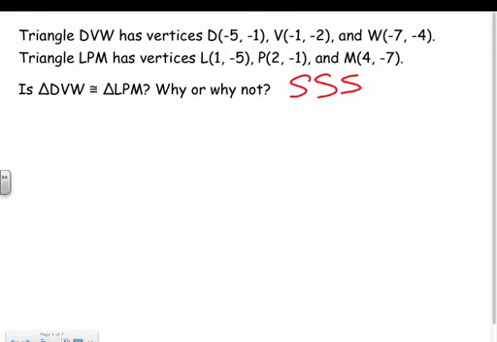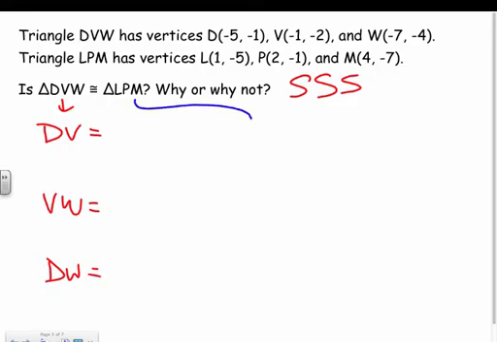Looking at my first triangle, I find the distance of DV, the distance of VW, and the distance of DW. And then I'll have to do the same thing for the other triangle. Find the distance of LP, the distance of PM, and the distance of LN. And how do we do that?